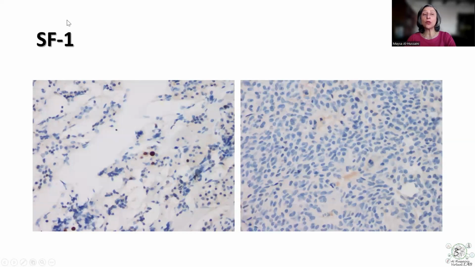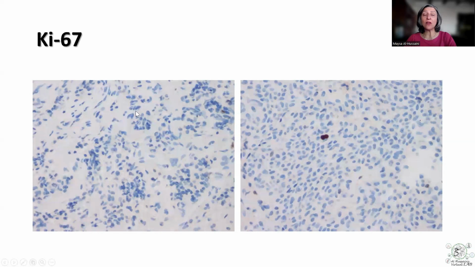And last is the SF1, which usually is positive in the gonadotroph, and this is the normal pituitary gland, showing only scattered gonadotroph cells, secreting cells, while the tumor was completely negative.